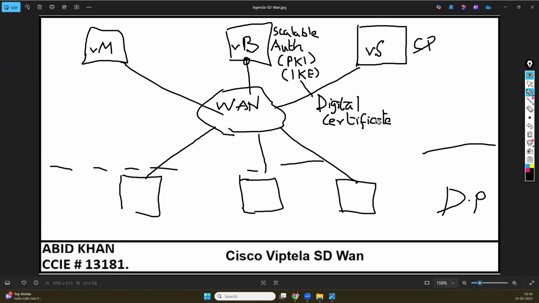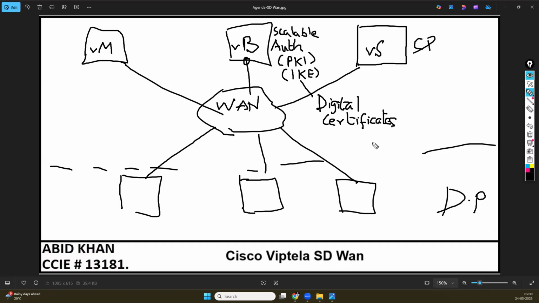Whatever certificate you get from Cisco, like a CCNA, CCNP or CCIE certificate, there will be some signing authority. There will be somebody's signature on that certificate. The same way, digital certificates will carry a digital signature.